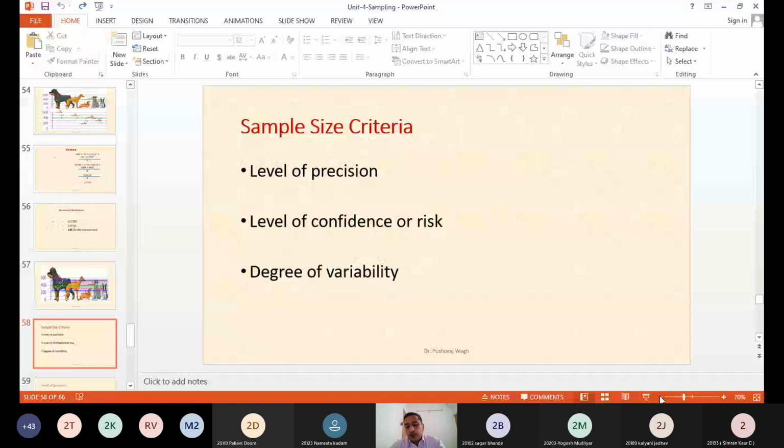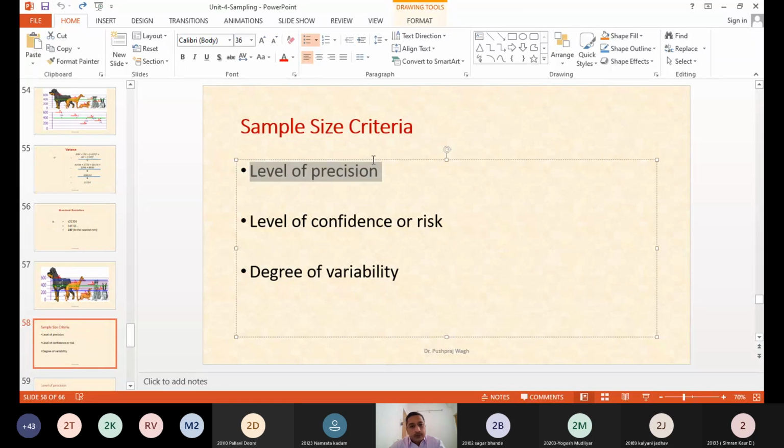These are the few factors which need to be taken into consideration for calculating the sample size. These criteria may be the level of precision, level of confidence, which can also be called level of risk, and third is degree of variability. So these three criteria we will understand in detail.